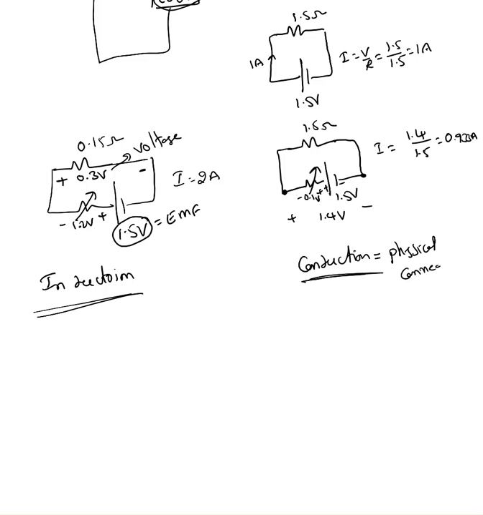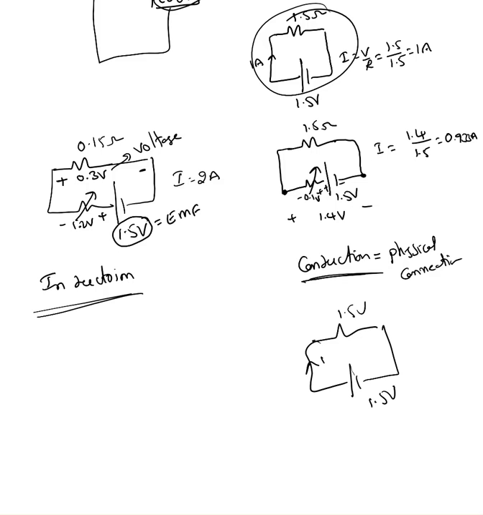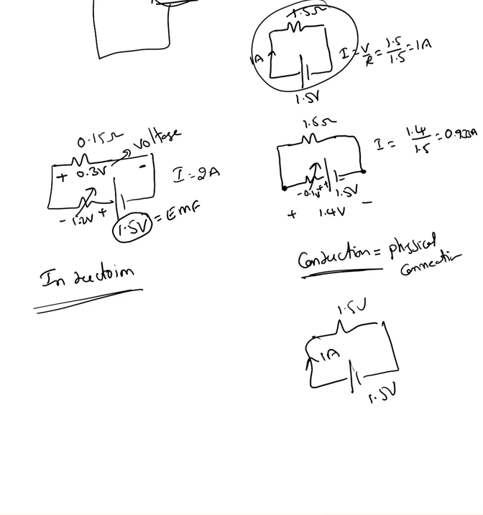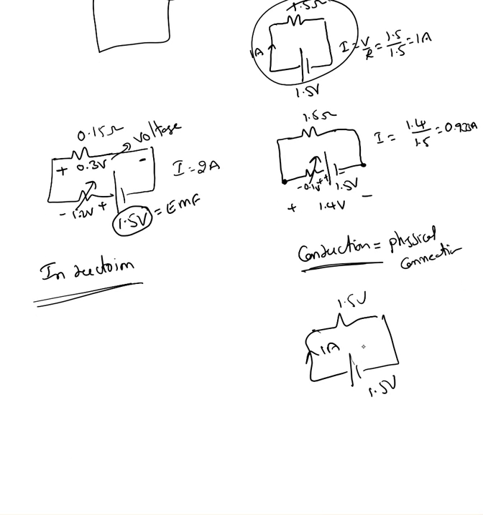So in this circuit, say there is a current of 1 ampere passing through, with a 1.5 ohm resistor; I'm talking theoretically. Current is passing through the circuit because of conduction, because of a physical connection, a closed circuit between the resistor and battery.